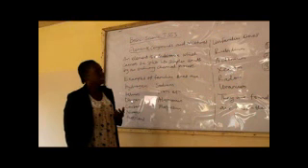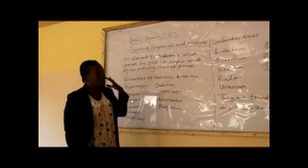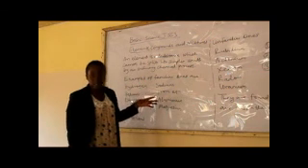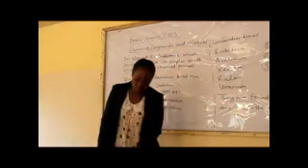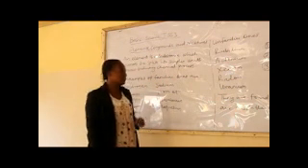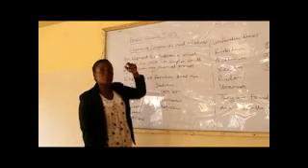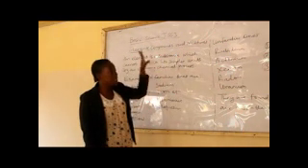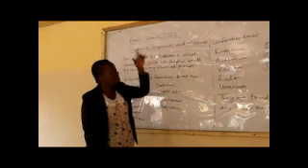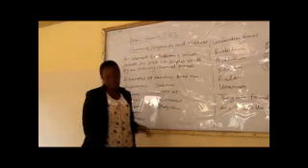We have even the rare gases, and also the radioactive metals. But I don't want to introduce you to that. Just know that at your level now, elements are grouped into 3: metals, semi-metals or metalloids, then non-metals.